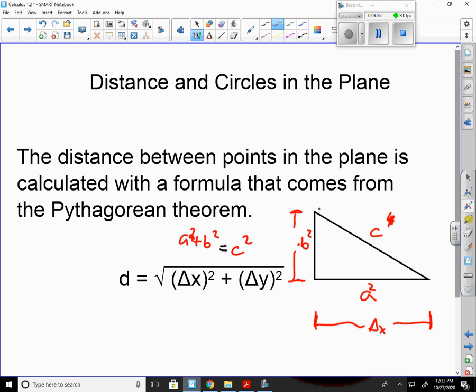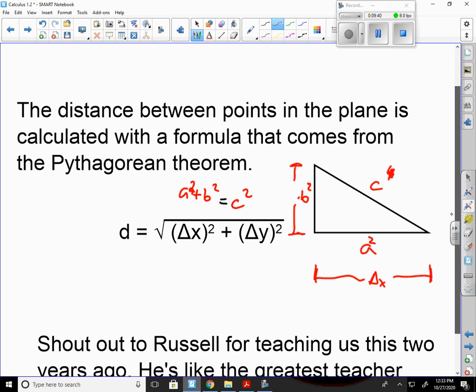So you can see how that would help us find the distance of this line. I'm taking this distance squared plus this distance squared, and that'll find this distance squared. Then take the square root. Brings me right back to the distance.